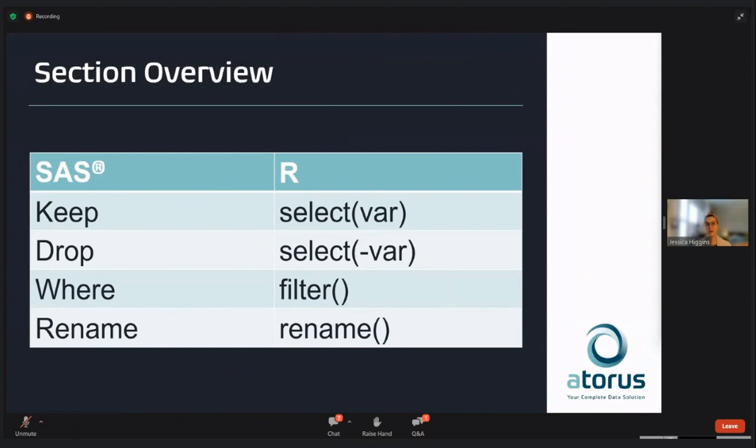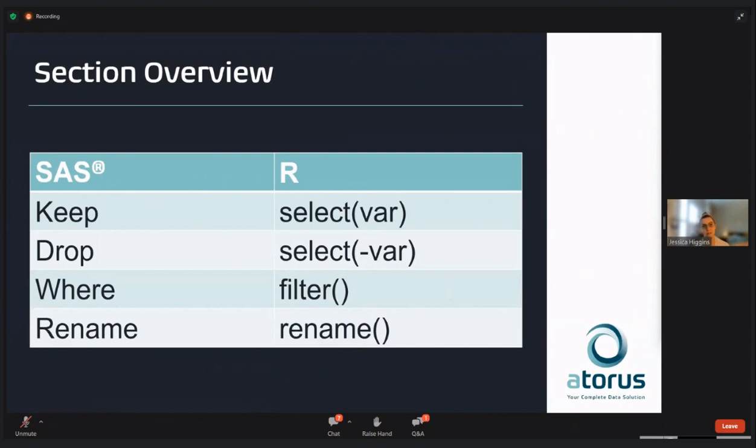So what we're going to talk a little bit about is how to manipulate these data frames in R. And so there are a few different functions. These are all functions found within the dplyr package, which is within the tidyverse, that we'll use in R that have sort of similar analogs to SAS.